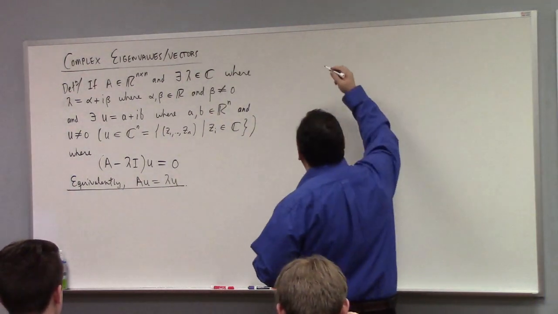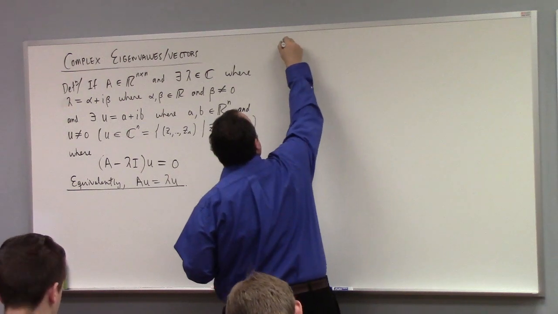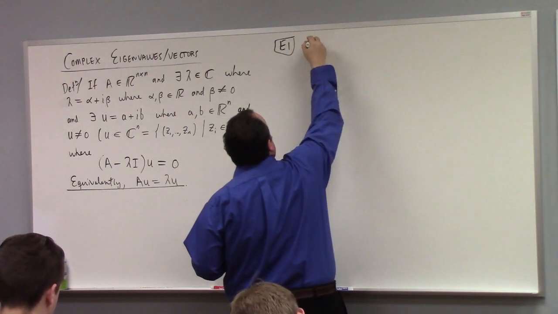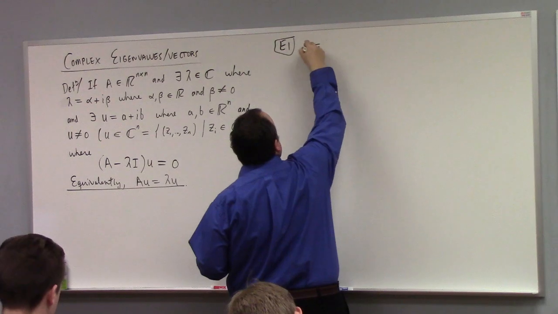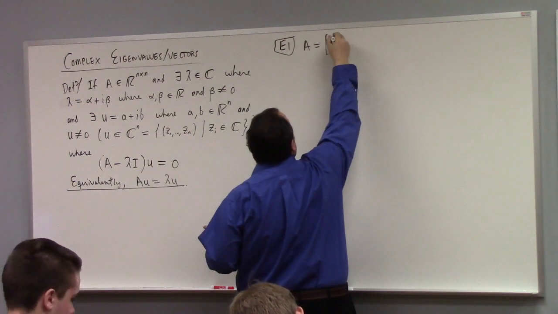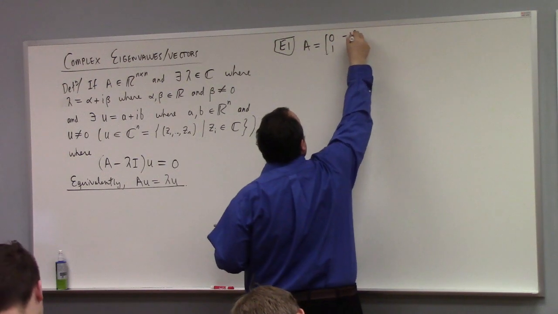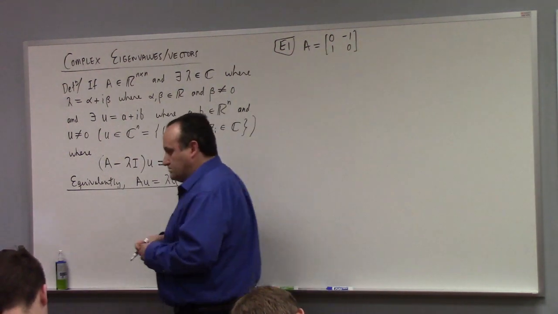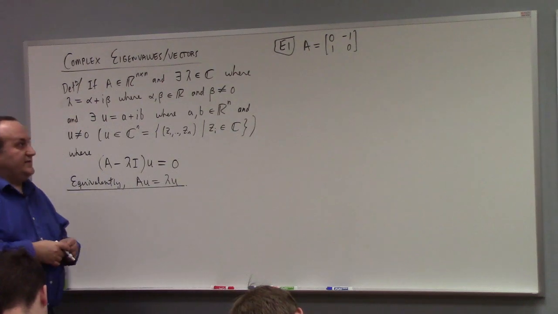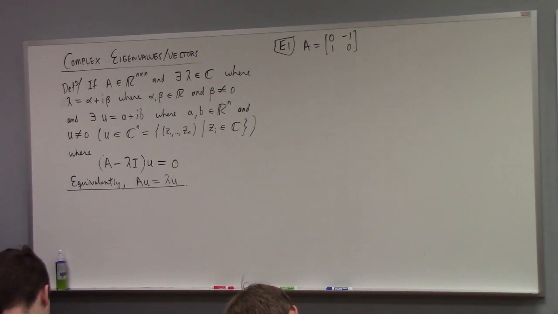So the quintessential example where this happens, example 1, would be something like A equals, this is pretty much the simplest one I can possibly give you, [0, -1; 1, 0]. All right? So geometrically, what is this? This is a what kind of matrix? Do you guys know?